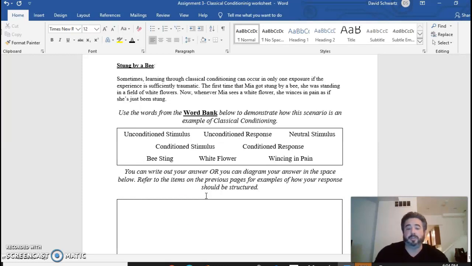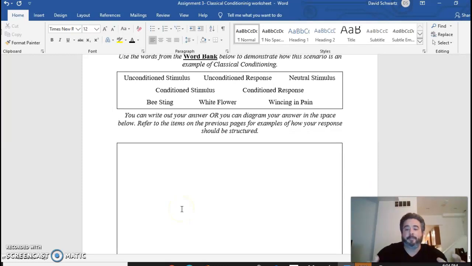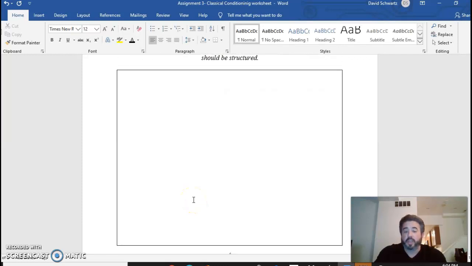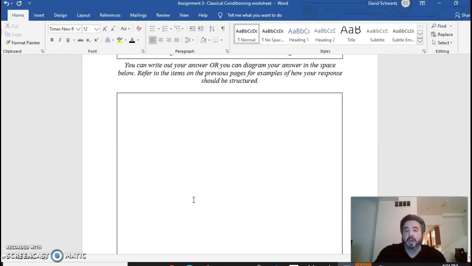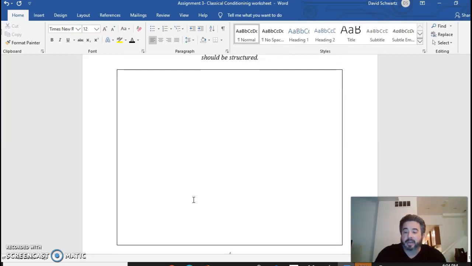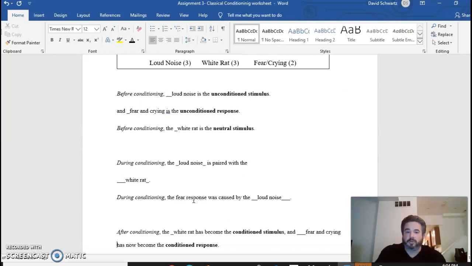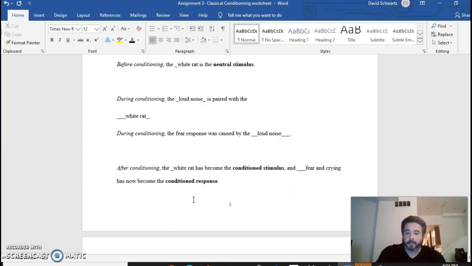So what I want you to do is put together the entire story using all of the vocab, the key terms and then the specific elements from this example. You can write out your answer, or you can draw a diagram. Either way is fine with me.